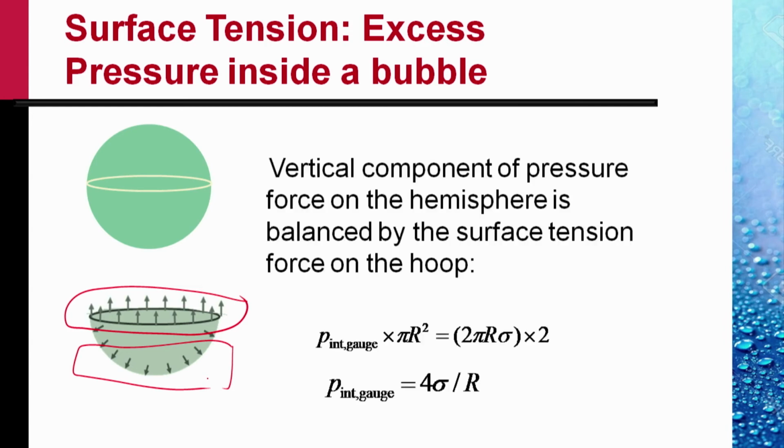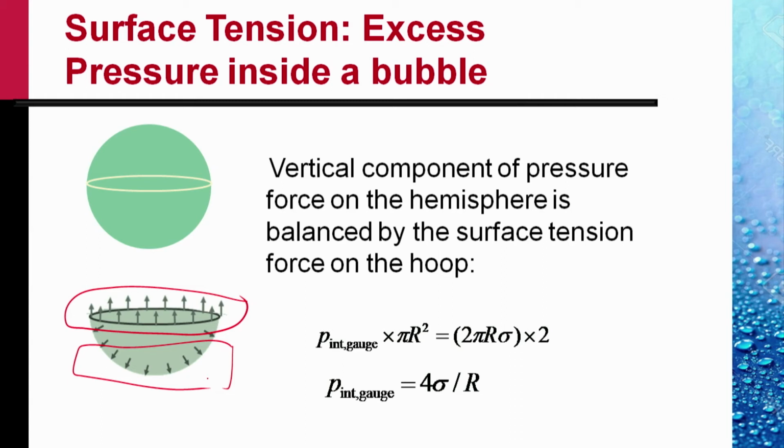And so the equation would be: the internal gauge pressure P, that is above the outside pressure, times pi r square, the area of the equatorial plane, is equal to 2 pi r sigma, which is the force on one side of the hoop, times 2, because there are two sides to the hoop. So the internal pressure is 4 sigma by r.